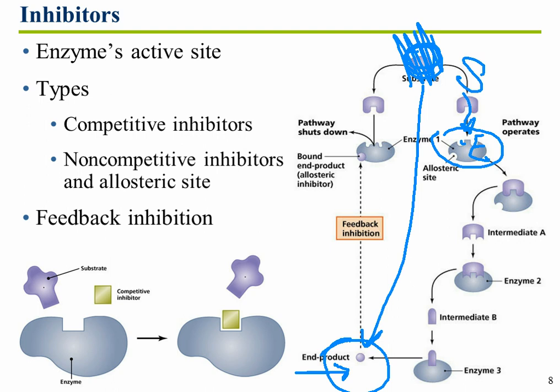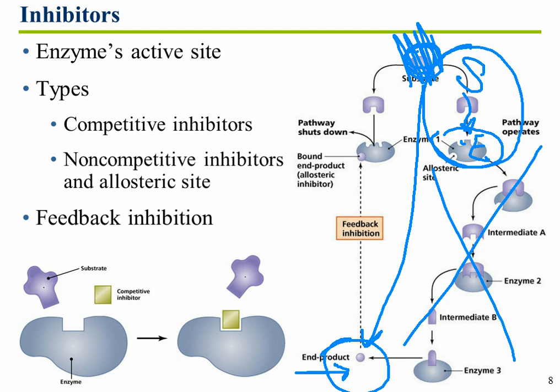That would block the rest of this pathway, right? And the amount of end product would go down. So if the cell doesn't need any more of this end product, that would make sense. What you do is you block this first chemical reaction, and you don't get the rest of it. And then when the cell runs out of this end product, because remember it's not making any more, we unblock the enzyme, and it starts working with the substrate again.